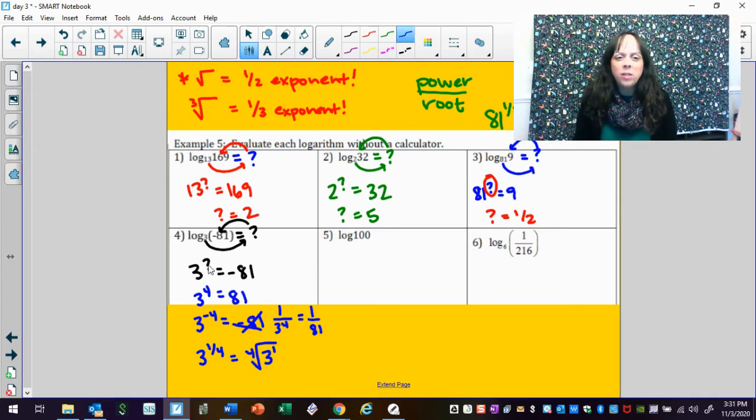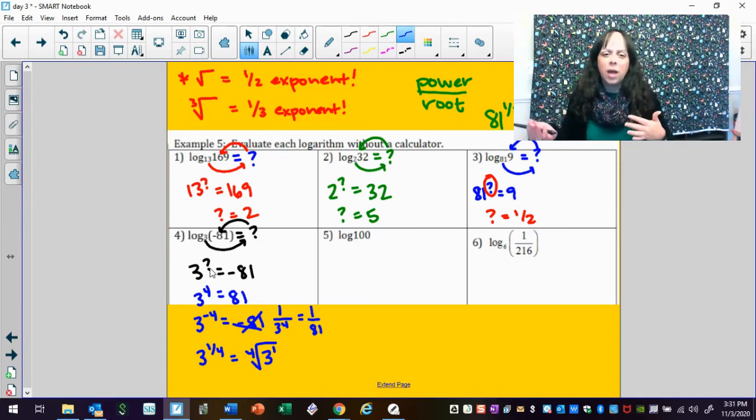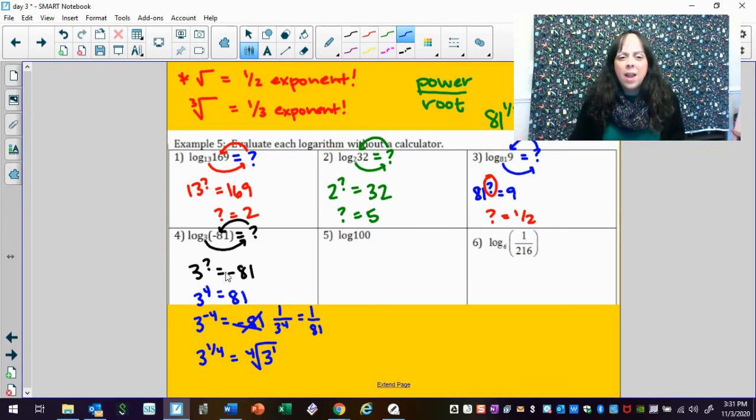Is there any way to do 3 to a power, 3 times itself a certain number of times, and end up with a negative answer of 81? The answer is no, it's not possible. None of these guys are going to work. We say that this is undefined. It has no solution.